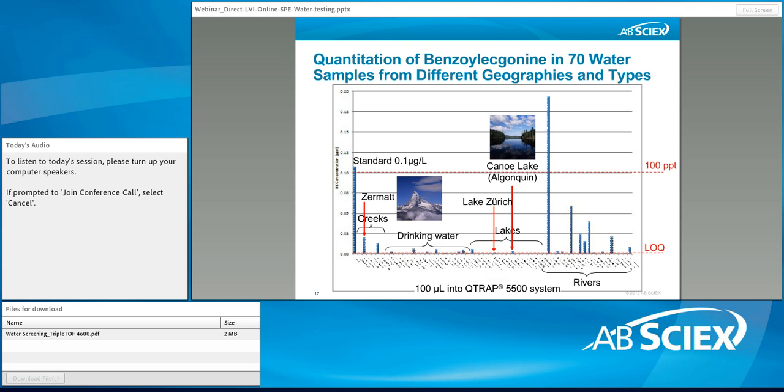Here the human population contributes to the presence of the drug metabolite in the water. But we also found it in a very small lake in Canada with rich cottages around. We definitely can see some connection between the richness of the people living around the area and the finding of cocaine.